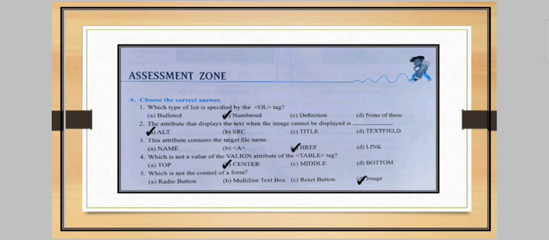Href is the right answer. Which is not a value of the v-align attribute of the table tag? Center tag. Next is which is not the control of a form. Image. So these are the tick mark from this chapter.